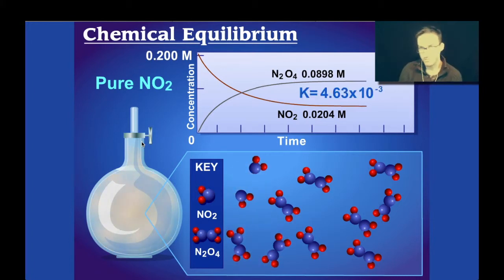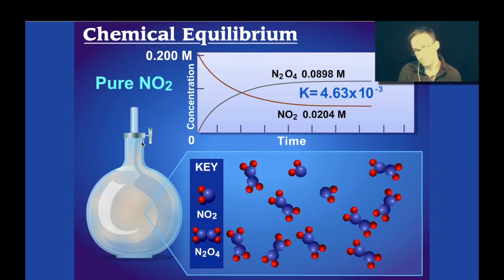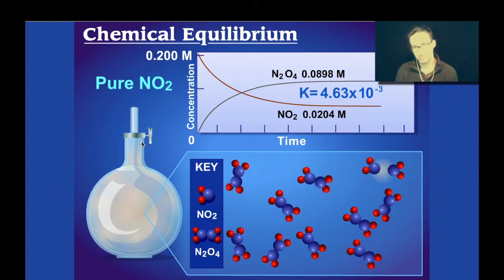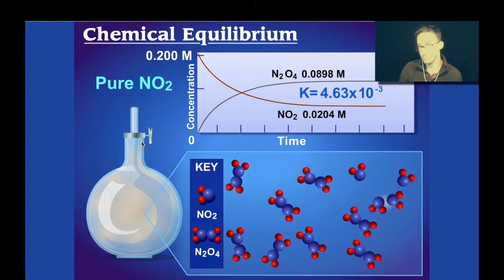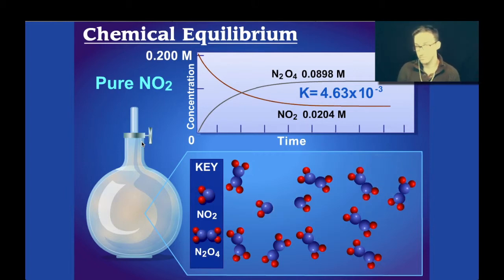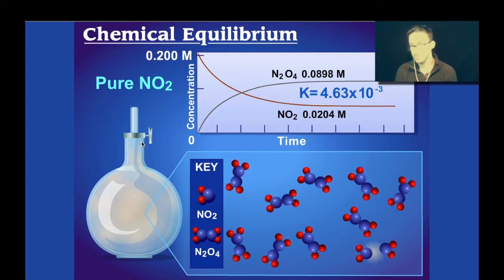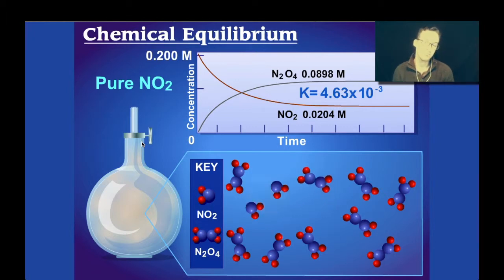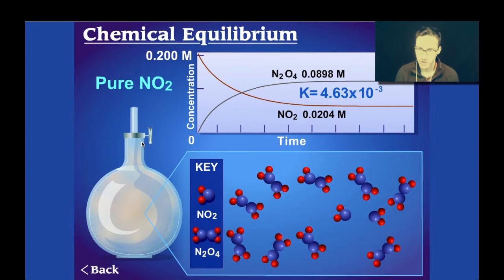Calculating the equilibrium constant, K, we find K equals 4.63 times 10 to the minus 3. Recall that when chemical equilibrium has been reached, the reaction has not ceased. At equilibrium, the rates of the forward and reverse reactions are equal, and thus the concentrations of reactants and products remain constant.